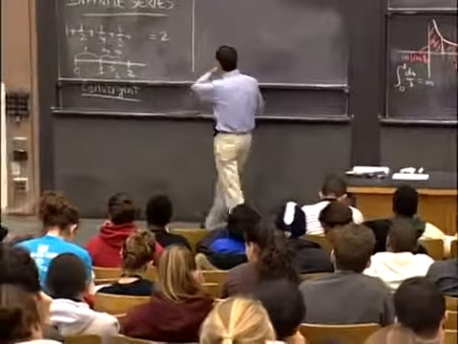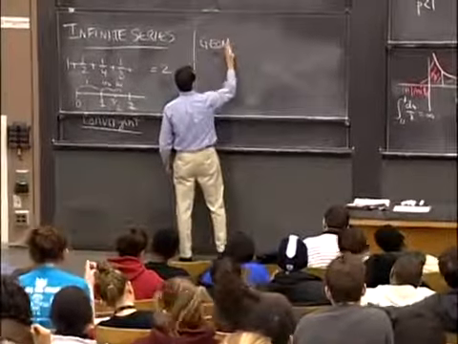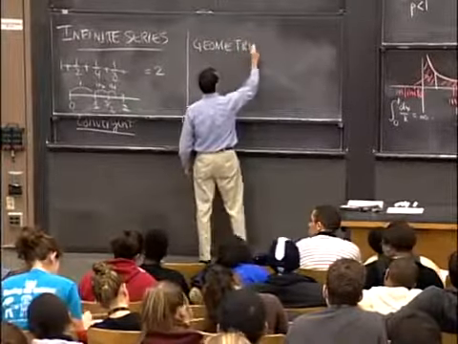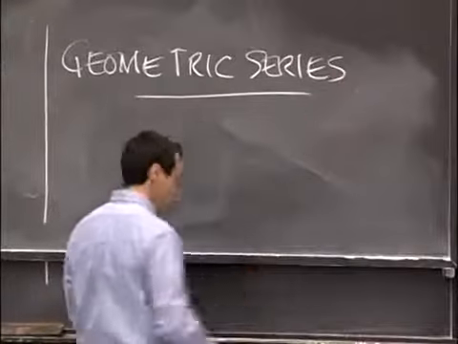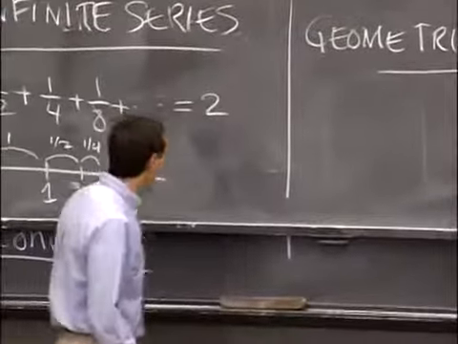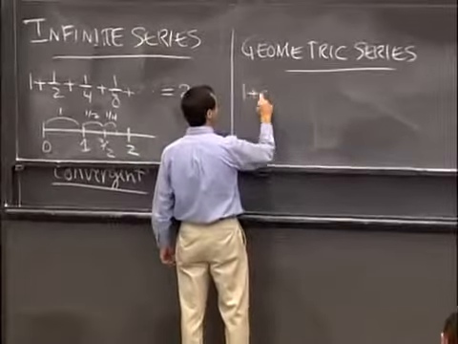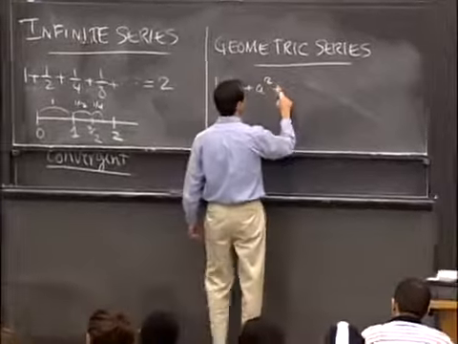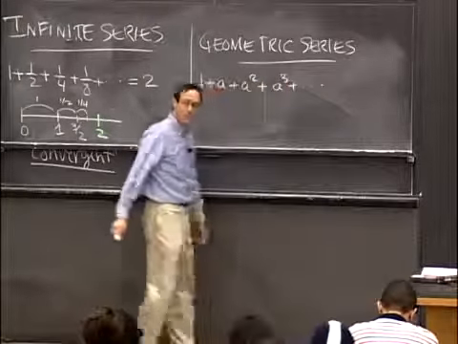Now, the general case here of a geometric series is where I put in a number a instead of a half here. So what we had before, so that's 1 plus a plus a squared. Isn't quite the most general, but anyway, I'll write this down.